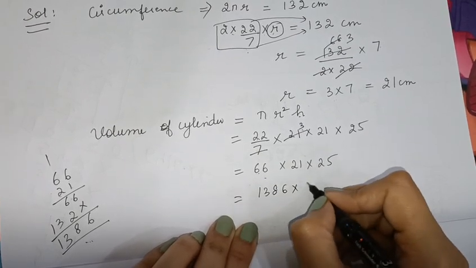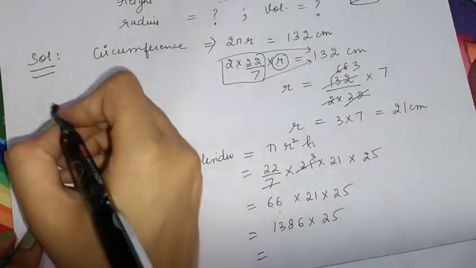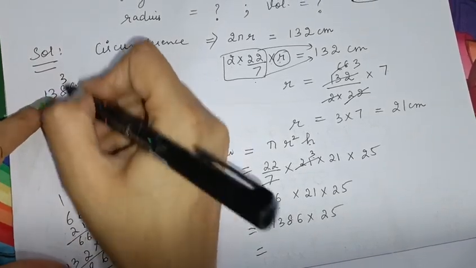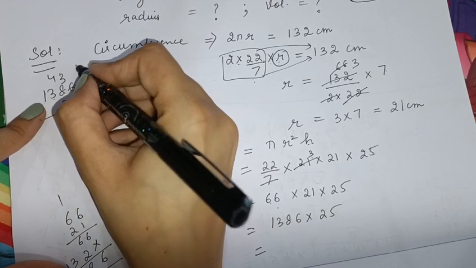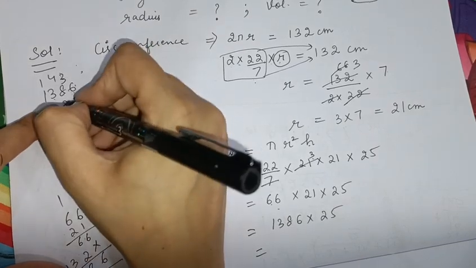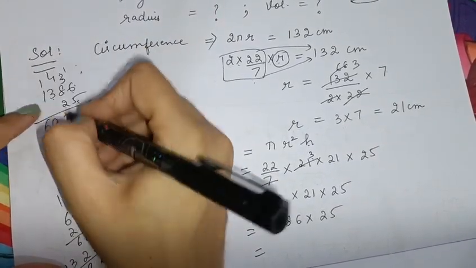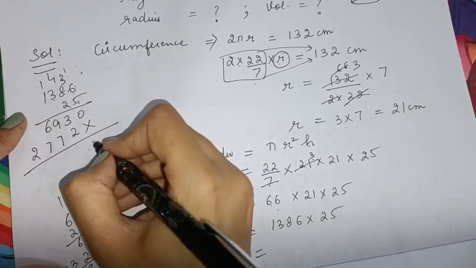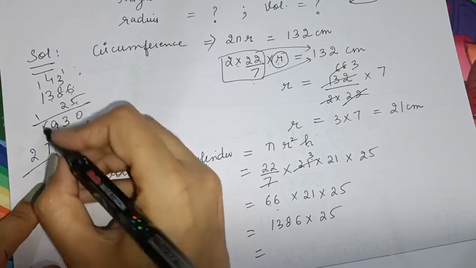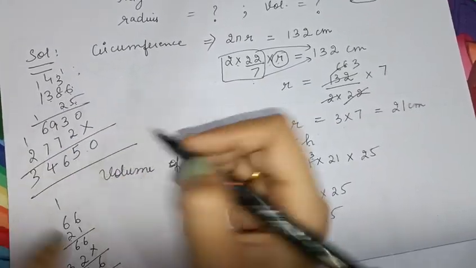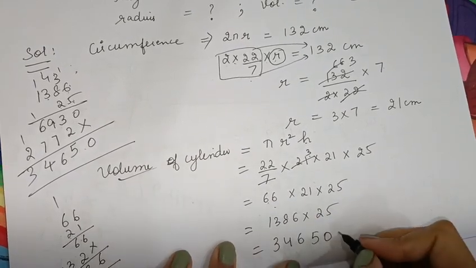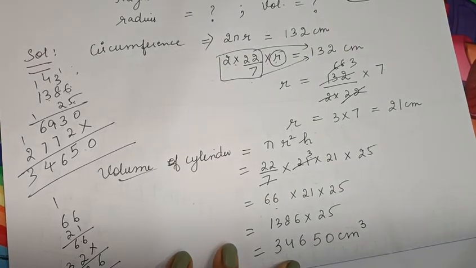This we have to multiply with 25. 1386 into 25 gives 34650. Because we are finding volume, the unit is centimeter cube.